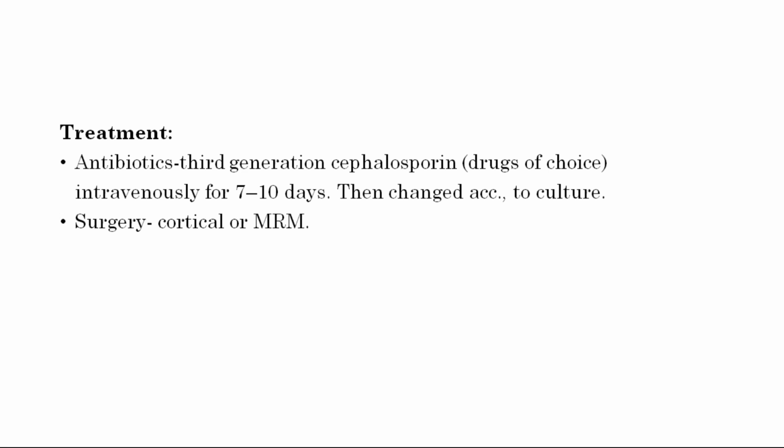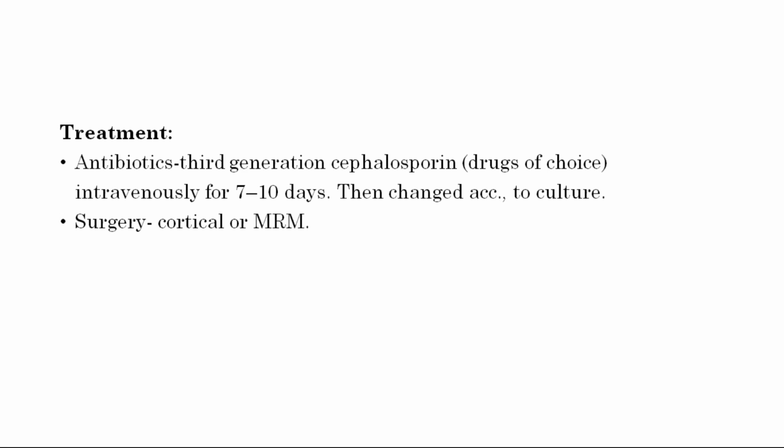You can give 20% mannitol to reduce the edema of the brain, and you can also give steroids to reduce the edema of the brain. The surgical part is the shunt operation. You do a ventriculoperitoneal shunt, or a ventriculopleural shunt, or a ventriculopericardial shunt.